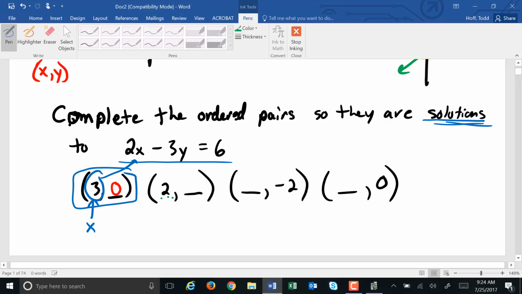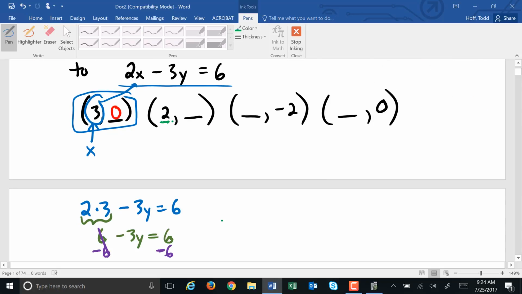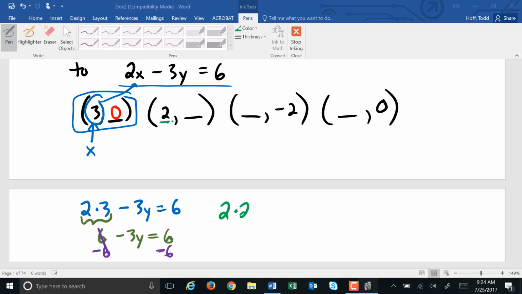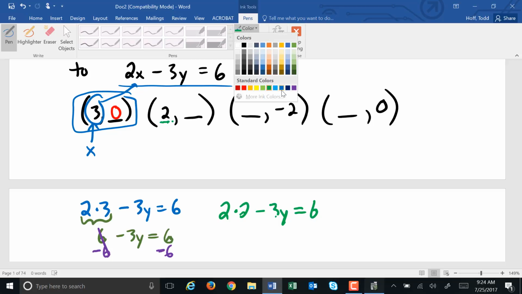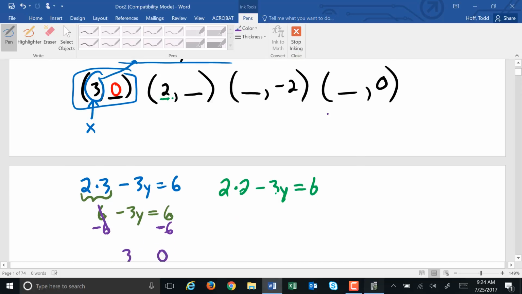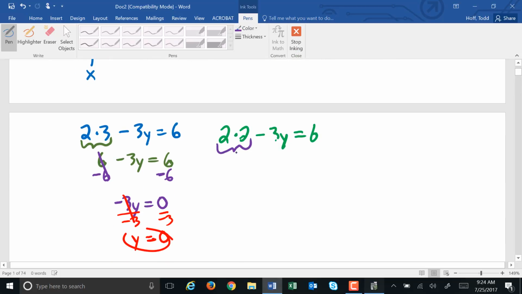For this one, we're letting x be 2. So we've got to put 2 in there where x is. So this will be 2 times 2 instead of x, minus 3y equals 6. So we'll do 2 times 2 first, which is 4, minus 3y equals 6.